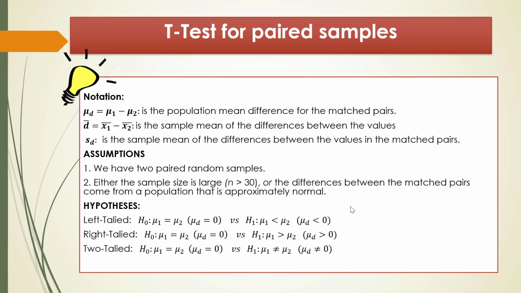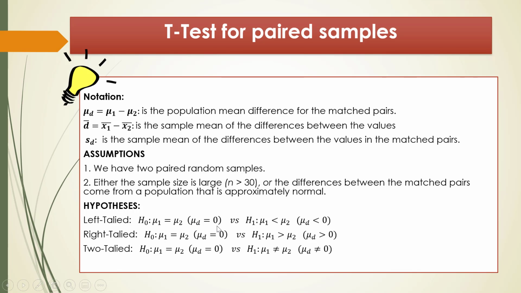And before we do the test, we need to state the null and the alternate hypothesis. Here for the left tail, mu1 is equal to mu2 is the null hypothesis, and the alternate is mu1 is less than mu2. But if we use the differences, we can make the equivalent statements. Mu1 is equal to mu2 is equivalent to mu d is equal to 0.